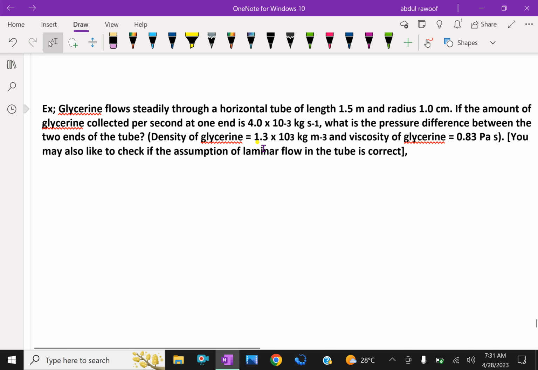Density of glycerin is 1.3 into 10 power 3 kg per meter cube. The viscosity of glycerin is 0.83 pascal second. Then you may also check that the assumption of laminar flow in the tube is correct.